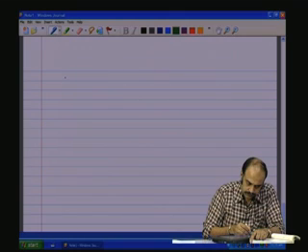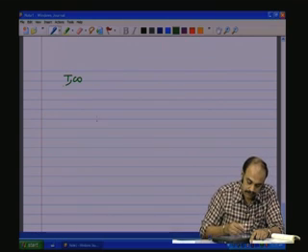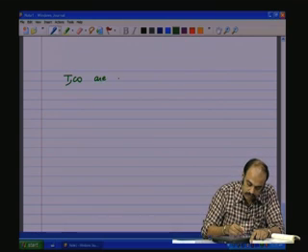Now, if you look at the mechanical side, T and omega are the potential and kinetic variables.